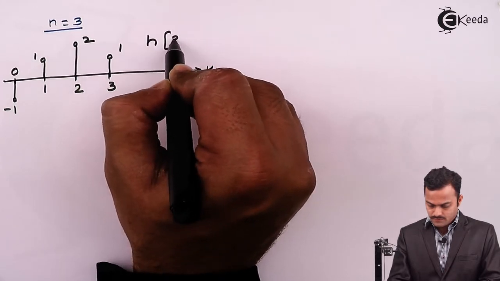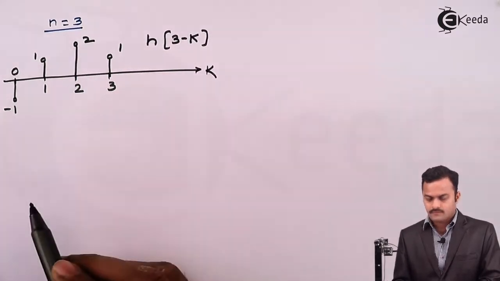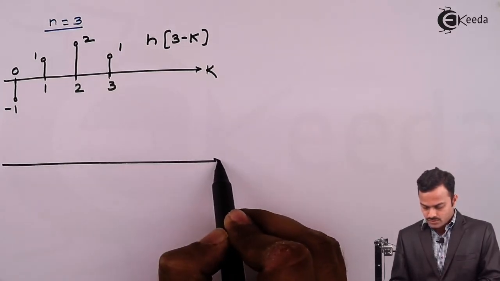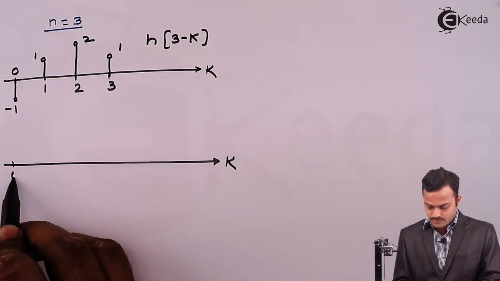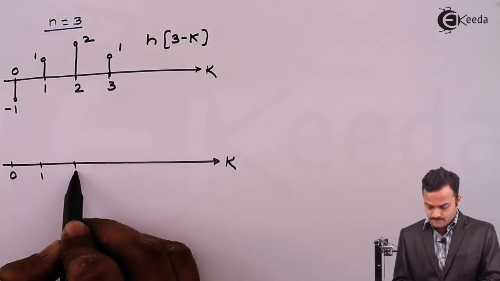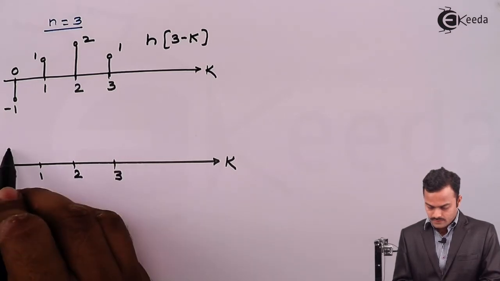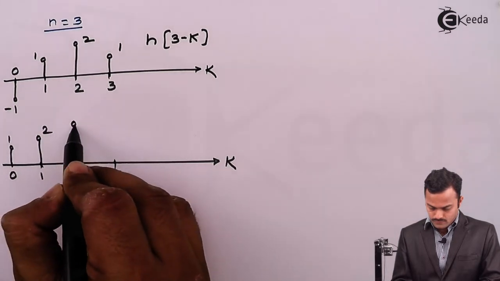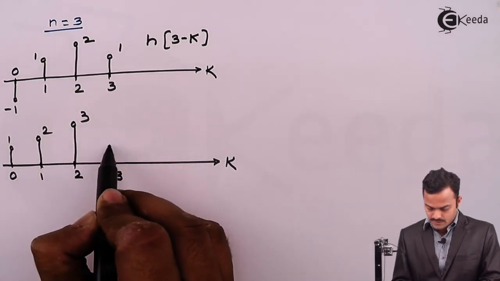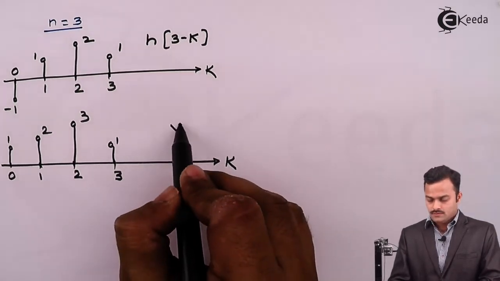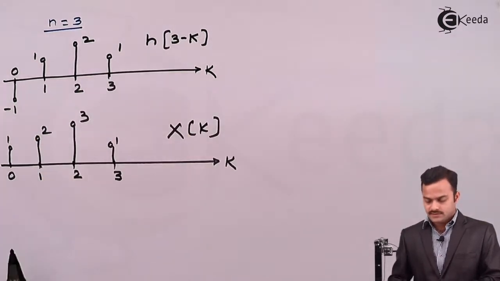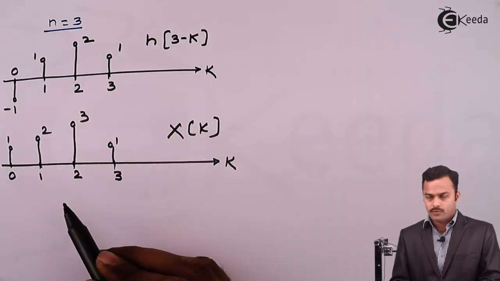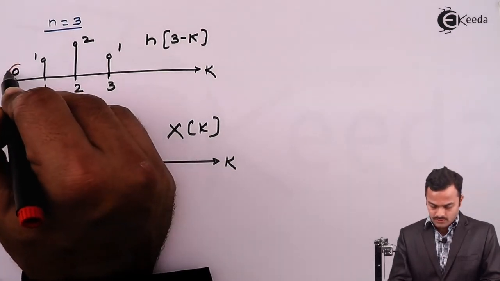H of 3 minus k, and this we need to multiply with x of k, which has span from 0 to 3 with the values 1, 2, 3 and once again 1. So x of k and h of 3 minus k, we need to check how many points are common. So here all the 4 points are common.